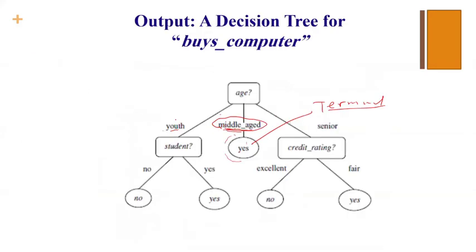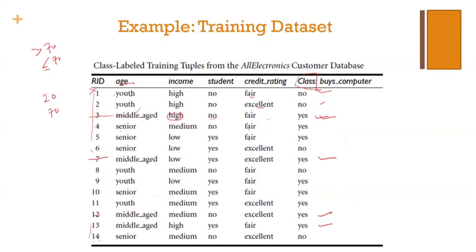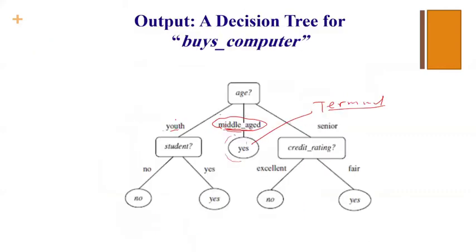The attribute to come is student. We are going to tell you why we don't choose income. Like I said, we are just taking a kind of random one at the beginning, or based on the knowledge of the developer. But we will explain how you can use a very simple procedure to determine which attribute you should go for next.